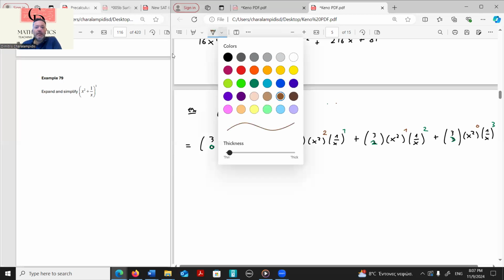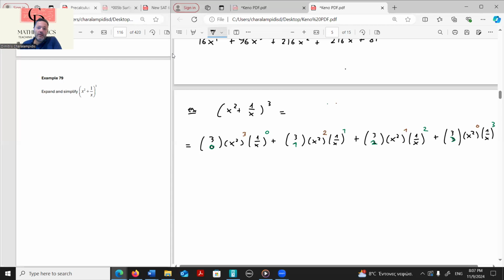Now I need to calculate them. The two properties of powers that it seems that I will be using here are the one of a to the power of n, and all that to the power of m is a to the power of n times m, and (a over b) to the power of n is a to the power of n over b to the power of n.